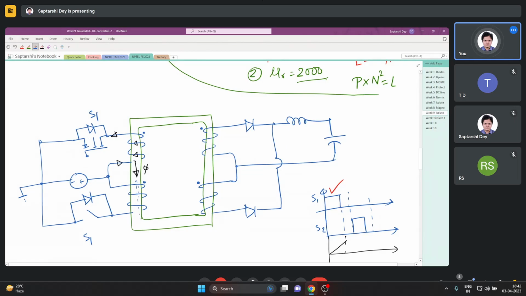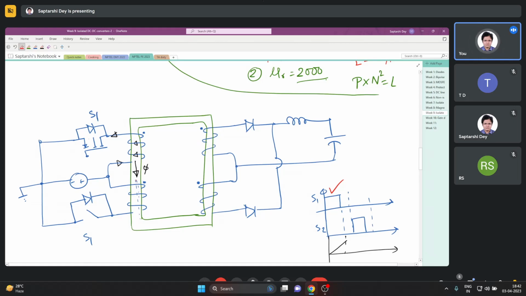If this flux tries to decrease, all these windings will induce some current in them that will try to maintain this flux. So all the windings will try to create a current so that a flux flows like this.